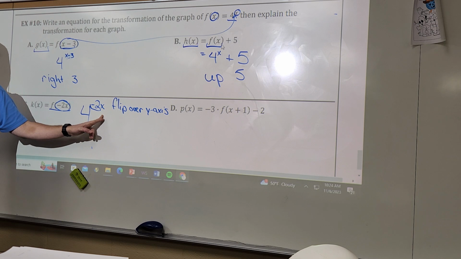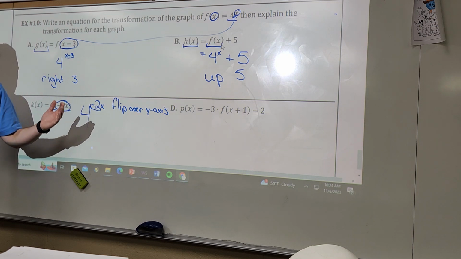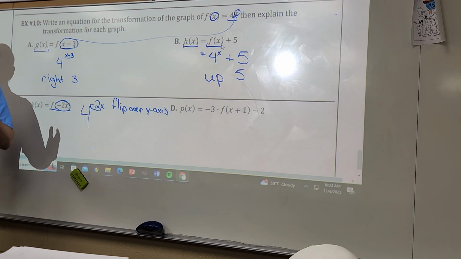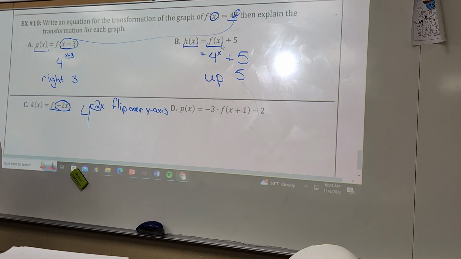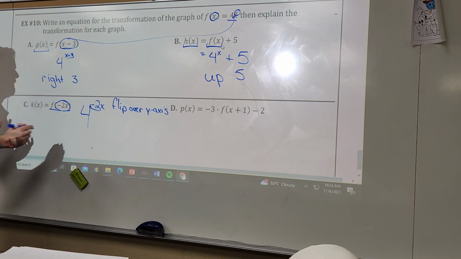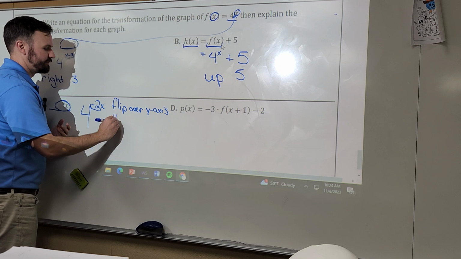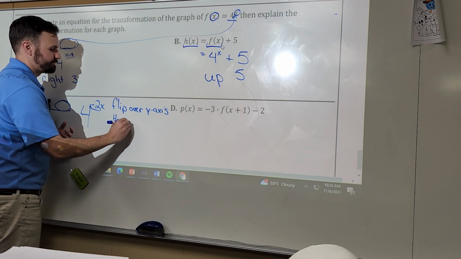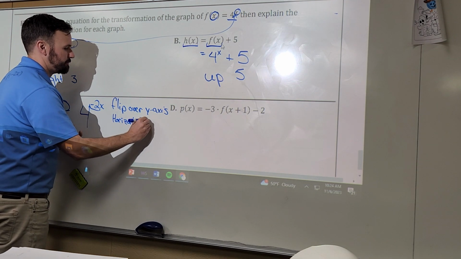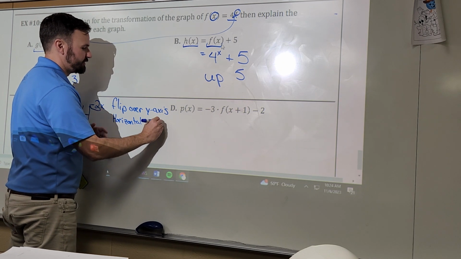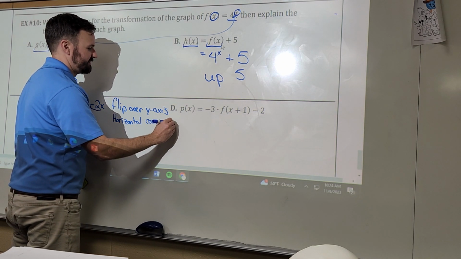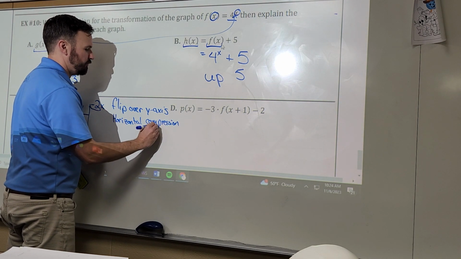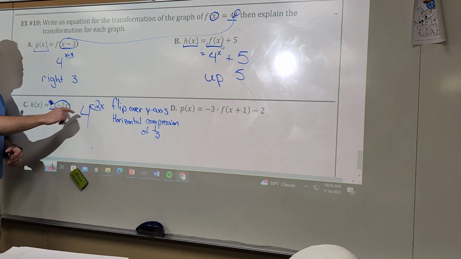Now this is where it's tricky. Is it a stretch of 2? It's a compression of a half because it is by the x. It's always opposite of what you think it's going to be. So it's going to be a horizontal compression, or dilation, of 1 over 2. It's 1 over that number.